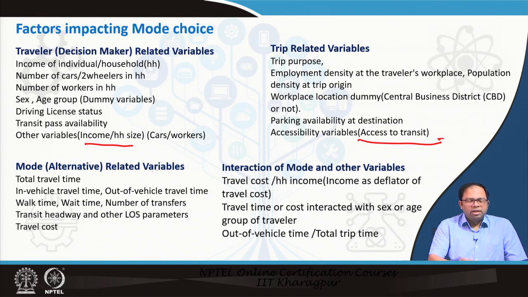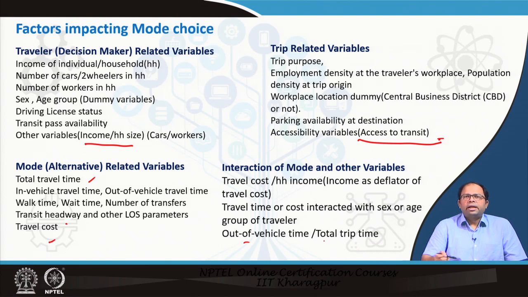Then mode or alternative related variables: total travel time, in-vehicle travel time, out-of-vehicle travel time, walk time, wait time, number of transfers, transit headway, and other LOS parameters for transit or similar modes, and then travel cost could also be taken. Interaction terms of mode and other variables could be travel cost by household income, income as a deflator of travel cost, travel time or cost interacted with sex or age group of the traveler, or out-of-vehicle travel time divided by total trip time.